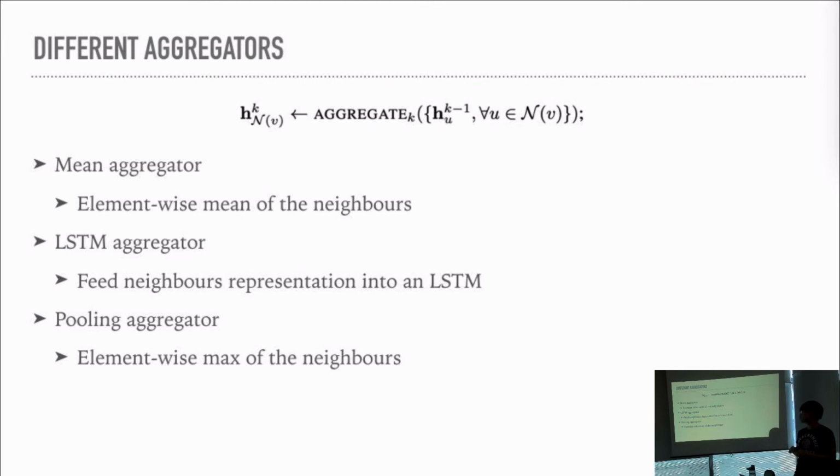And lastly, you can use a pooling aggregator, which is an element-wise max of the neighbors followed by a fully connected layer. Okay, so there are a few aggregators that you can use, and this is where the deep learning part comes in. Because there could be so many nodes or neighbors in the graph, the authors sample a fixed-size subset of nodes to use as neighbors.